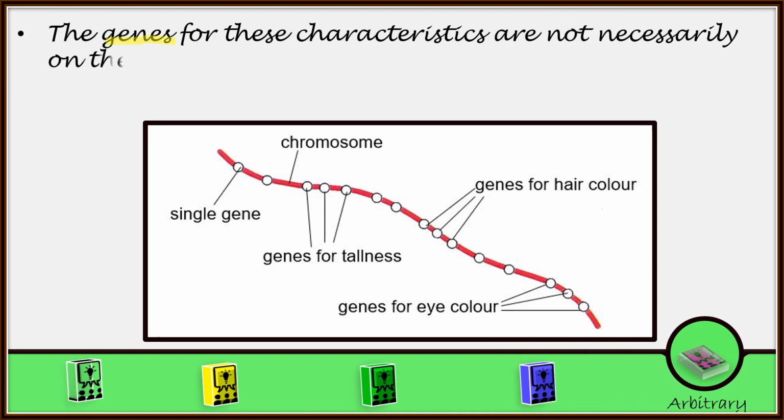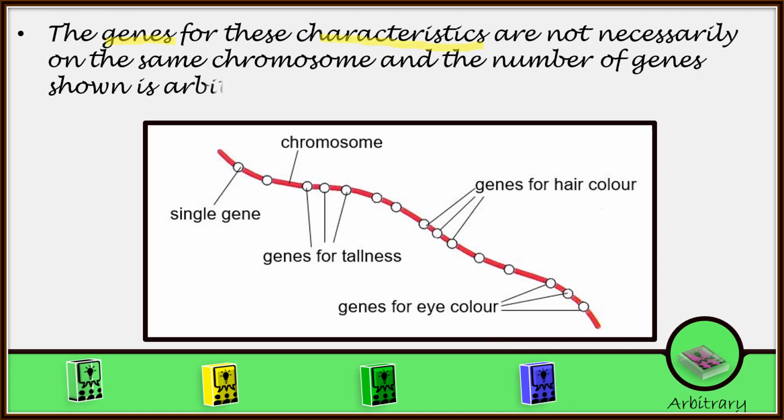The genes for these characteristics are not necessarily on the same chromosome, and the number of genes shown is arbitrary.